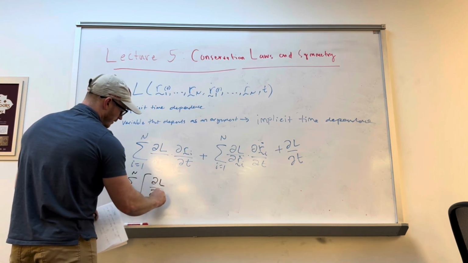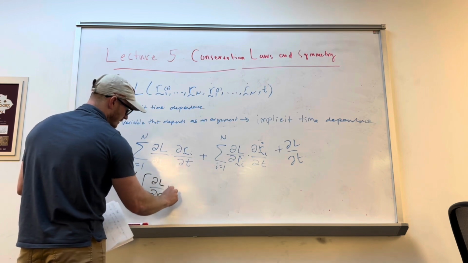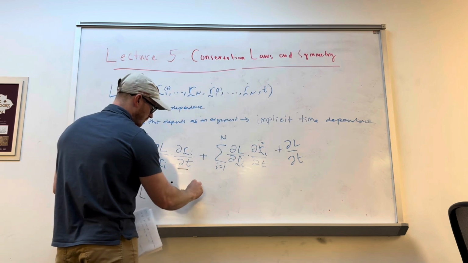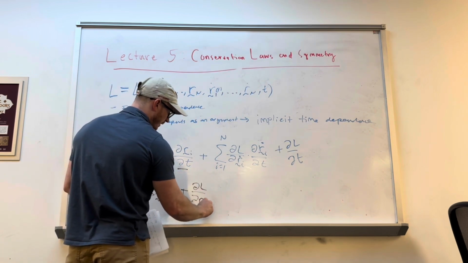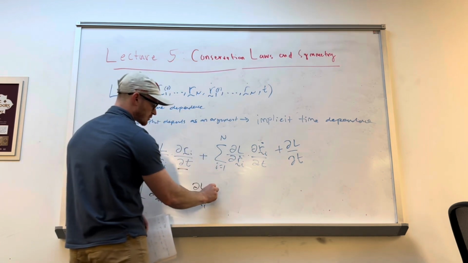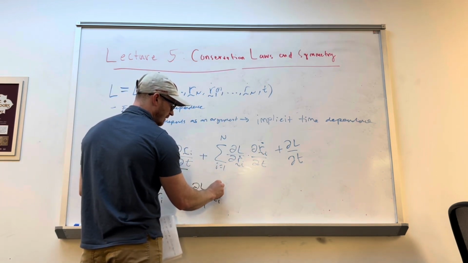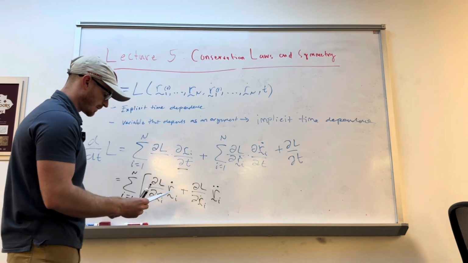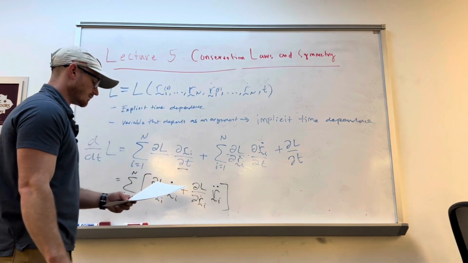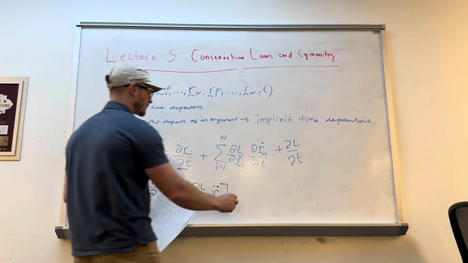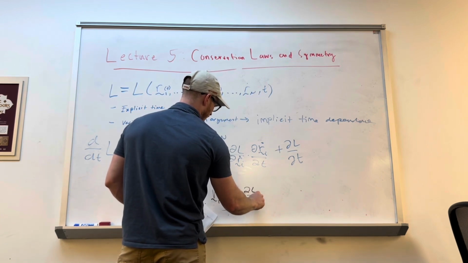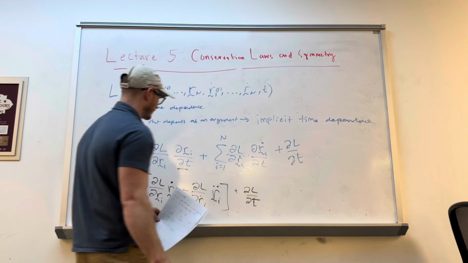Partial L partial ri times ri dot, it's this guy, plus partial L partial ri dot, partial ri dot partial t, which we could write as ri double dot, right? The second derivative. Plus partial L partial t.